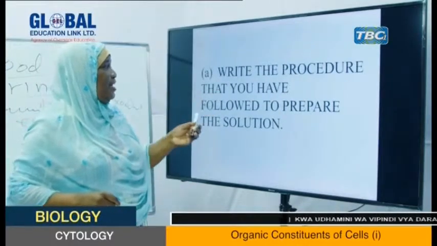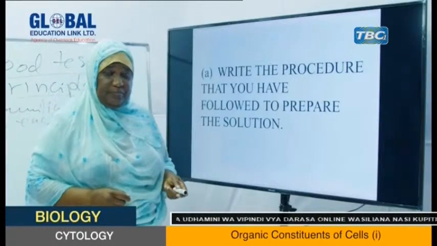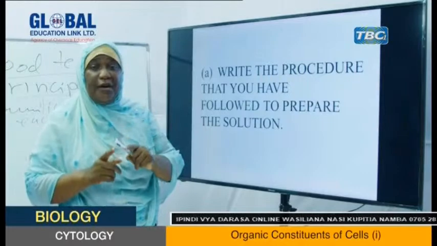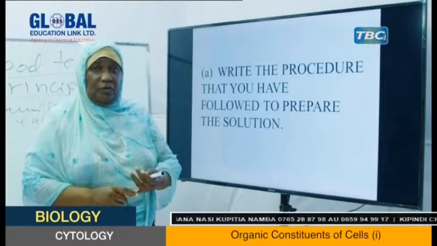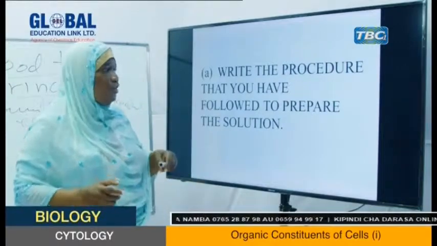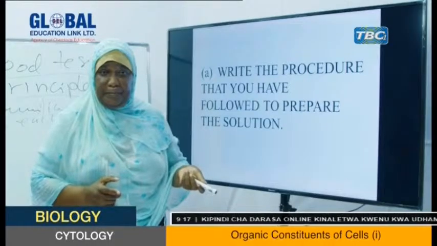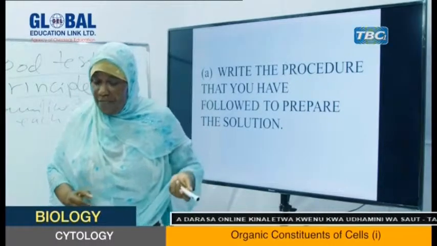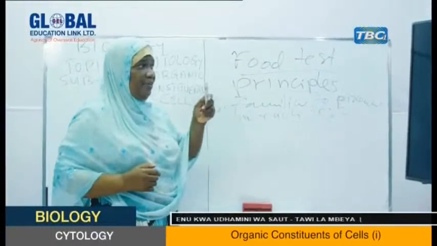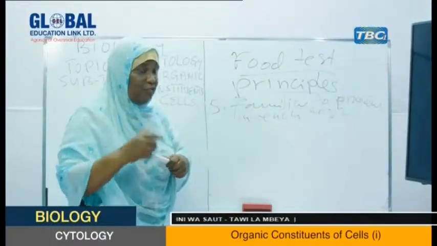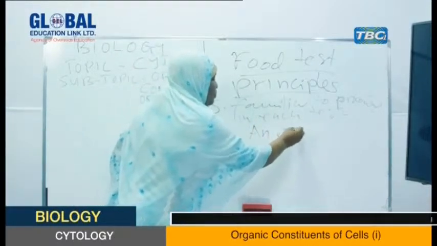Part A of the question: Write the procedure that you have followed to prepare the solution. You are required to write the procedure that you have followed to prepare the solution. Clear? Therefore, let's say the specimen which has been given to you is an onion.